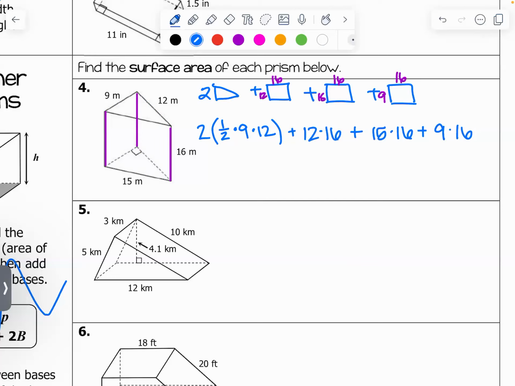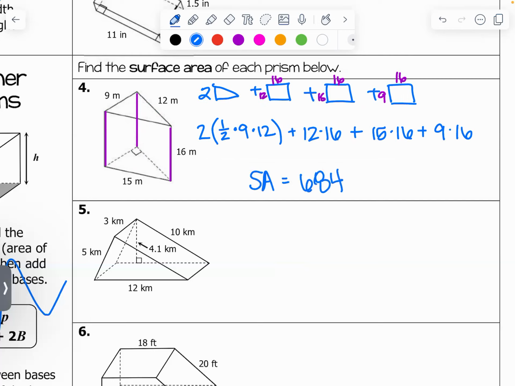Now we can plug and chug in our calculator. Clark says 684.